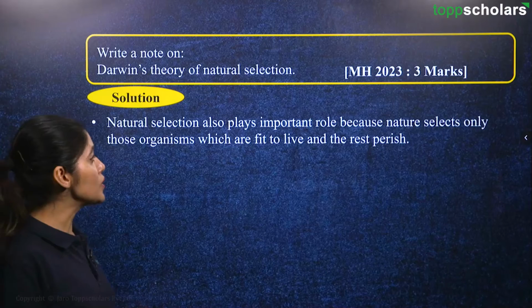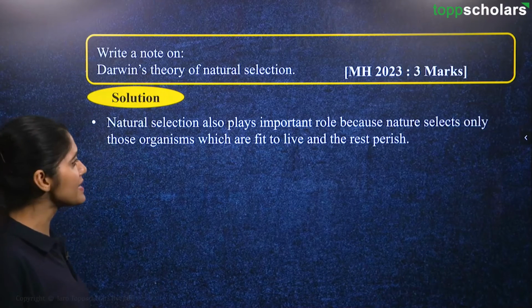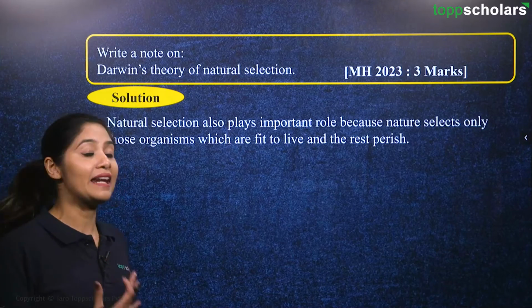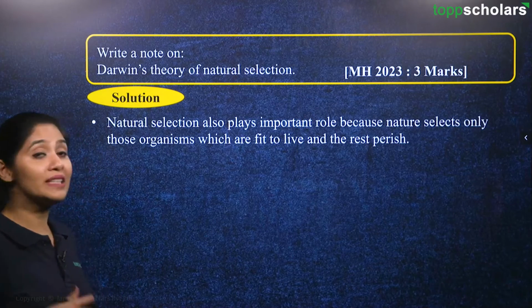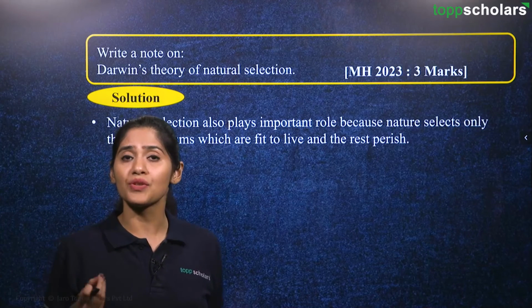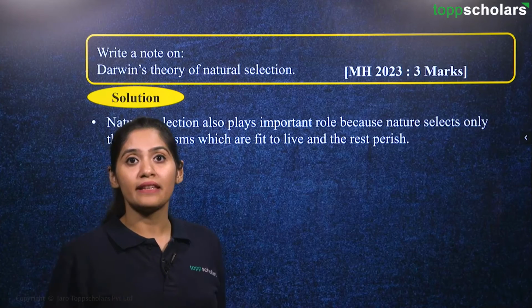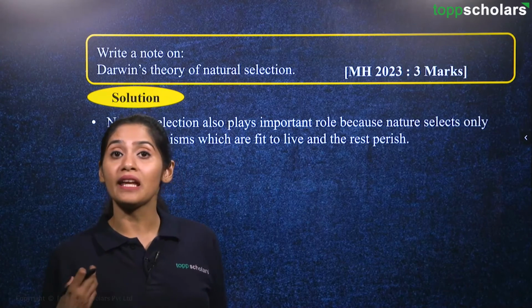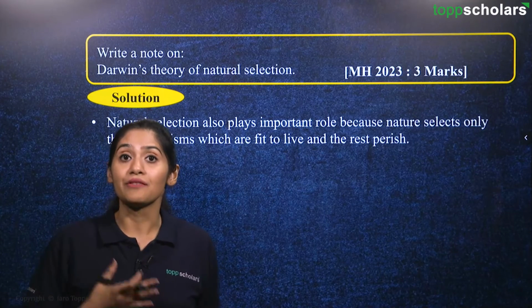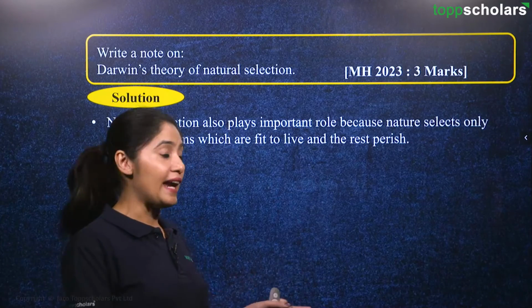Natural selection also plays an important role because nature selects only those organisms which are fit to live and the rest perish, right? So the different types of circumstances which nature throws at us are actually to test which organisms are able to survive those changes and are fit to take life ahead, and the rest of them perish.